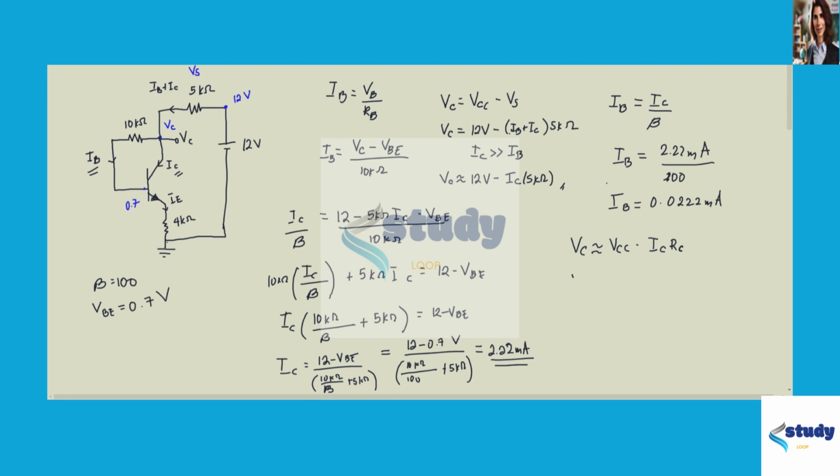And that is equal to 12 minus 2.22 milliamperes times the resistance 5 kilo ohms, or 12 minus 11.1 volts, giving us an approximate voltage for the node C as 0.9 volts. Now box that as our final answer.